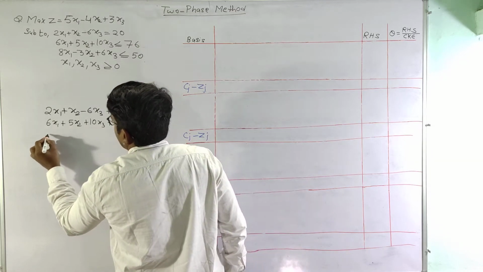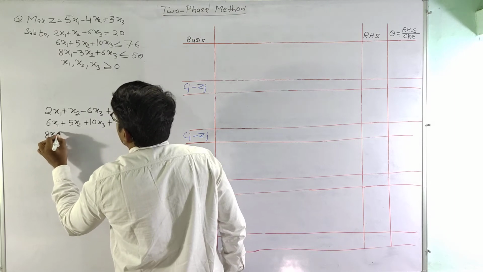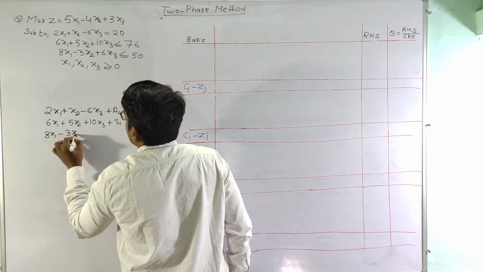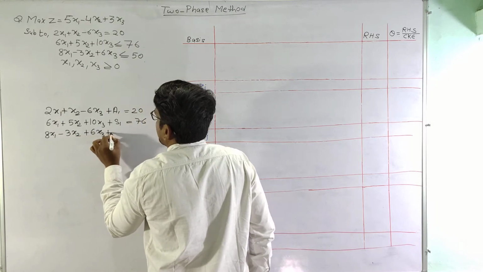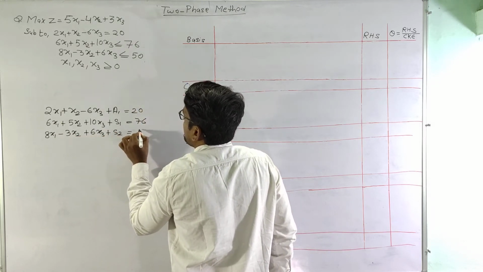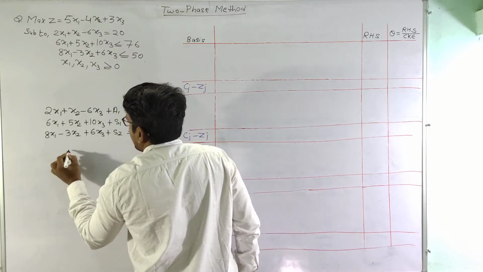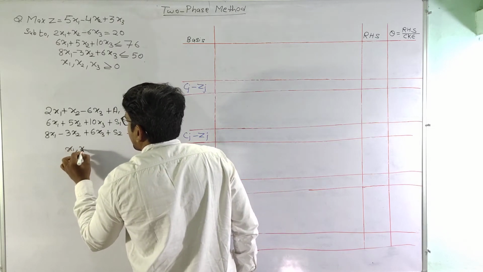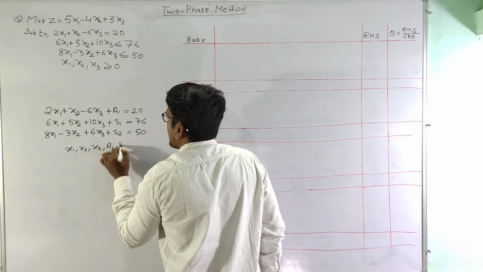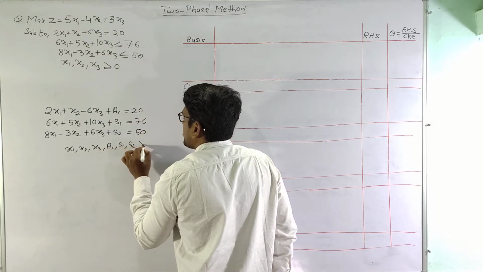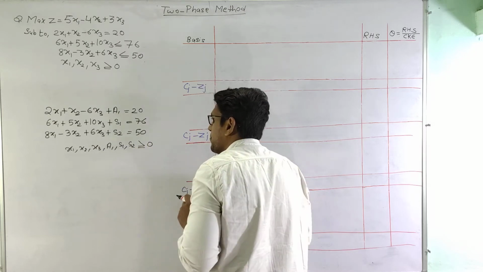Similarly, for the third equation, we have 8x1 minus 3x2 plus 6x3 plus s2 equals 50, and x1, x2, x3, a1, s1, s2 should all be greater than or equal to 0.